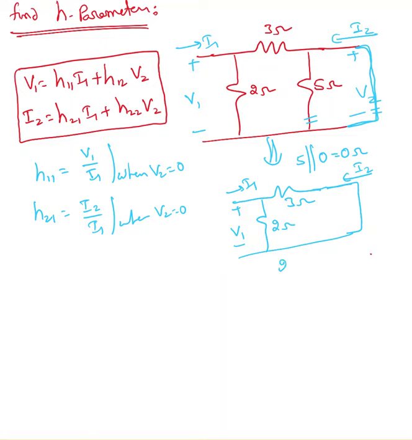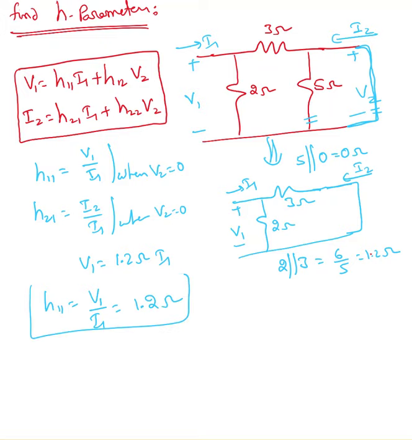So 2 parallel with 3 is 6 over 5, which is 1.2 ohm. Now can I say v1 equals 1.2 ohm times i1? So h11 equals v1 over i1, which is 1.2 ohm. This is my h11.